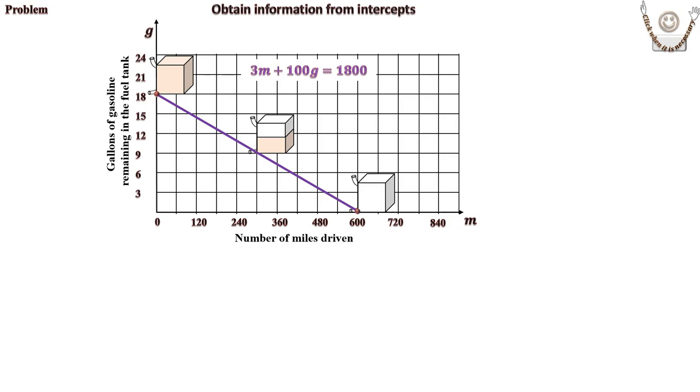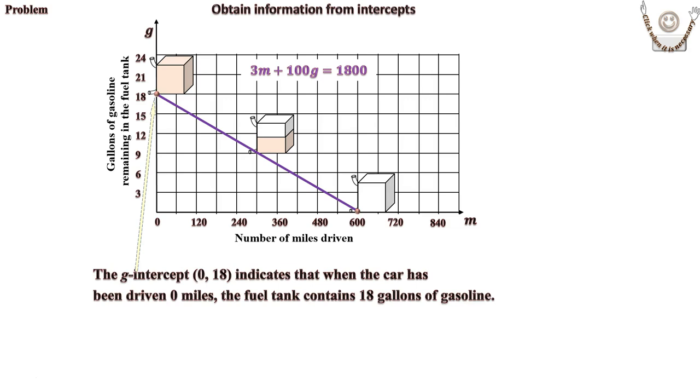The g-intercept with coordinates 0, 18 indicates that when the car has been driven 0 miles, the fuel tank contains 18 gallons of gasoline. From a practical point of view, this is how much your fuel tank can hold.